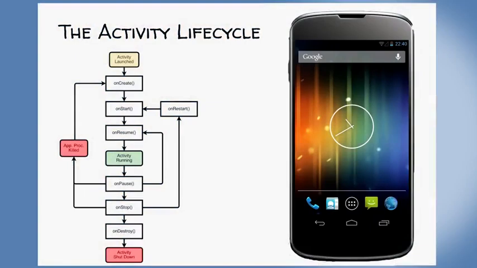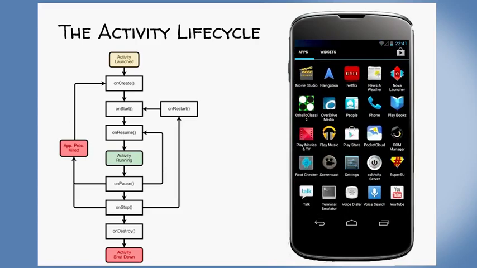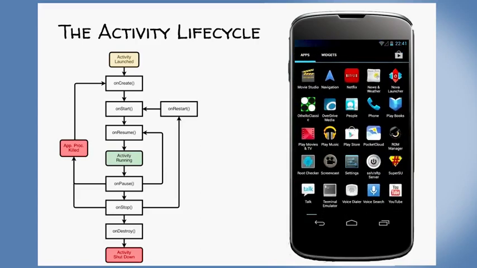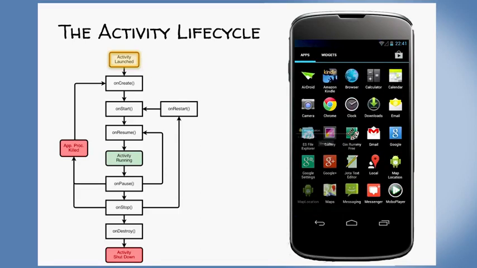Let's walk through an example of this based on the MapLocation application that we saw in earlier lessons. First, the user goes to the home screen and launches the MapLocation application. This causes the MapLocation activity to start up, at which point Android calls MapLocation's onCreate method. onCreate initializes the activity, and then Android continues by calling onStart.